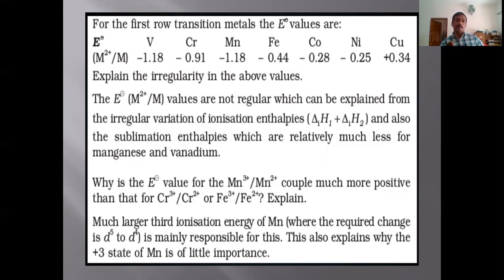But from chromium to manganese, again the negative value is increasing, or we can say the electrode potential is decreasing. And in the case of copper, a large positive value. So already we explained it, you read and understand it. Why is the E0 value for the Mn3+/Mn2+ couple much more positive? We explained it, and on the previous page you can see the answer.